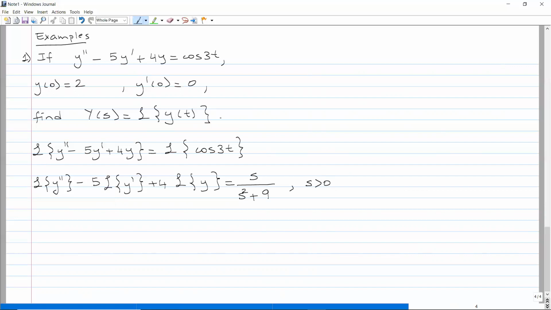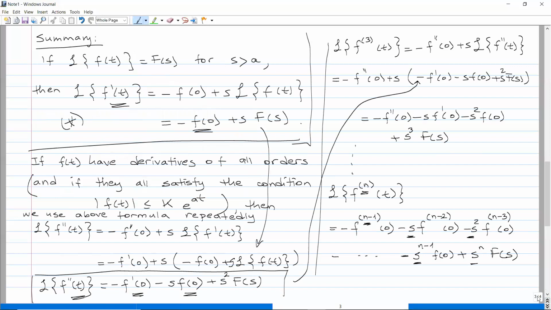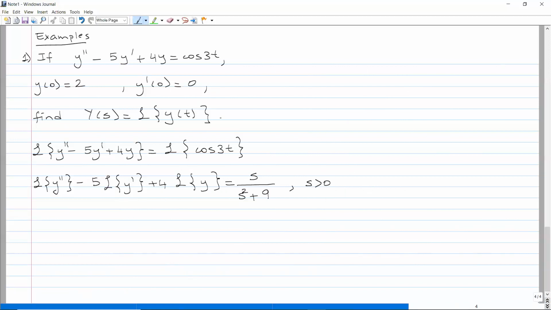Okay. Now, for Laplace transform of y double prime, I'm going to use the formula we obtained above. So for the second derivative, I have minus y prime 0 minus s times y0 plus s squared times Laplace transform of y.